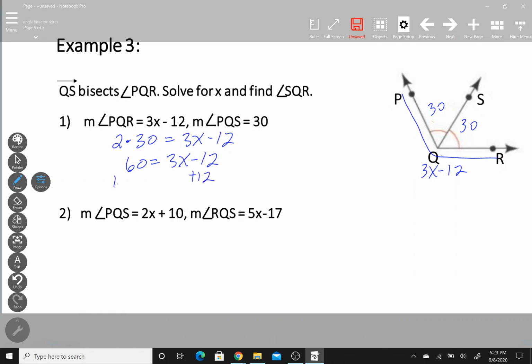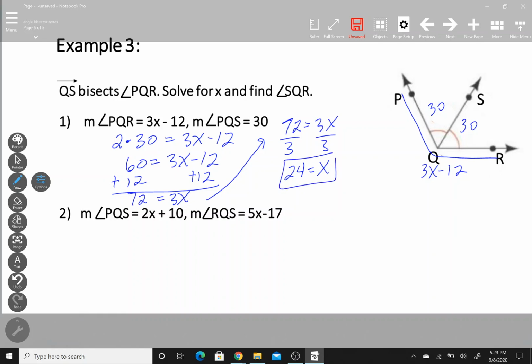Add 12. Add 12. So 72 is equal to 3x. Divide by 3. So 72 divided by 3 is 24. So x is 24.